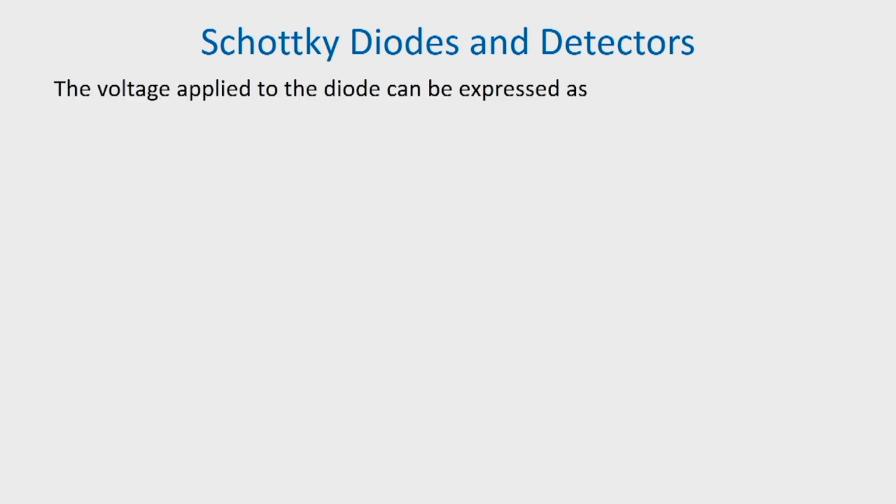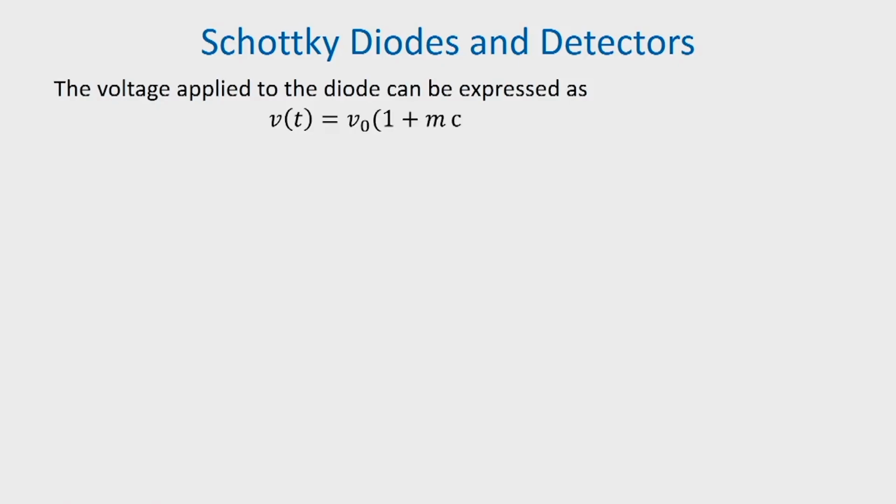Now, when we are performing demodulation operation, the voltage signal that is applied to the diode can be written as Vt is equal to V naught 1 plus m cos omega mt cos omega Ct.